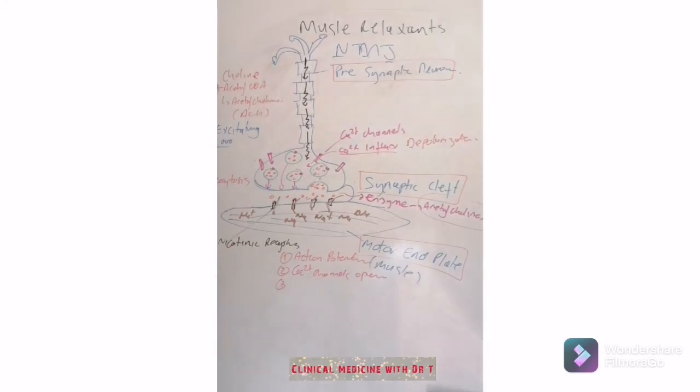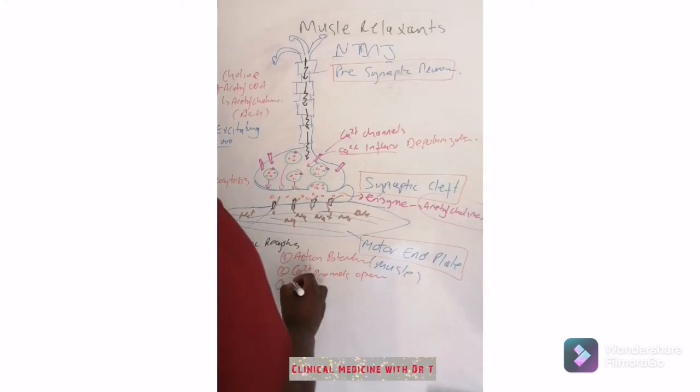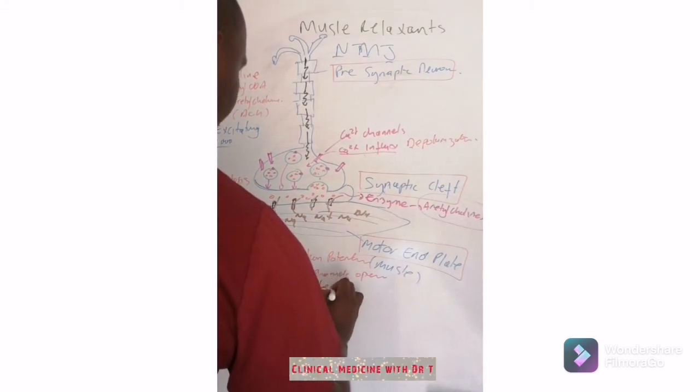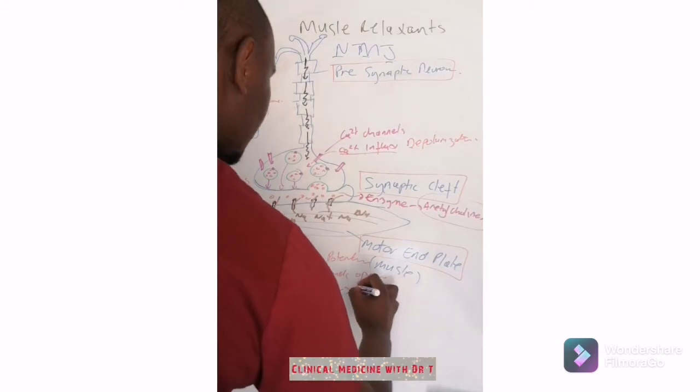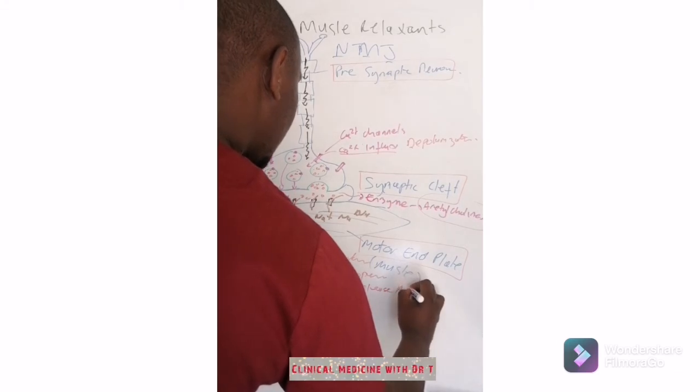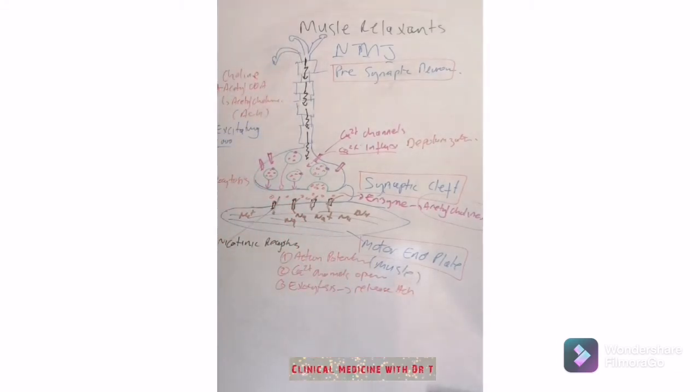Number 3, once calcium channels have opened, there's depolarization of the end bulb, and that causes acetylcholine to move towards the wall of the end bulb, and exocytosis occurs, and that results in the release of acetylcholine into the synaptic cleft.